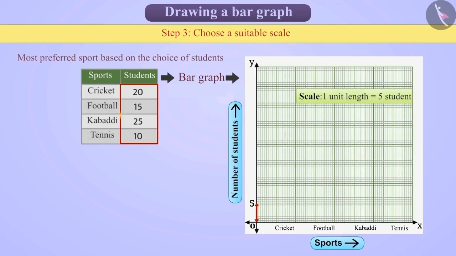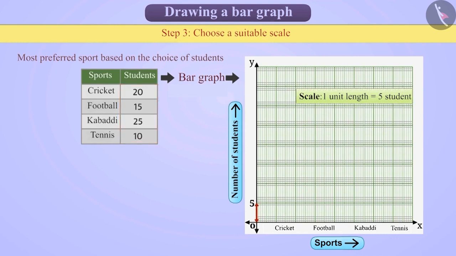If the number of students is very less, then you can take 1 unit length is equal to 1 student. Similarly, if the number of students is large, then you can take 1 unit length is equal to 10 students. Remember, the scale provides us with the convenience to draw a bar graph.